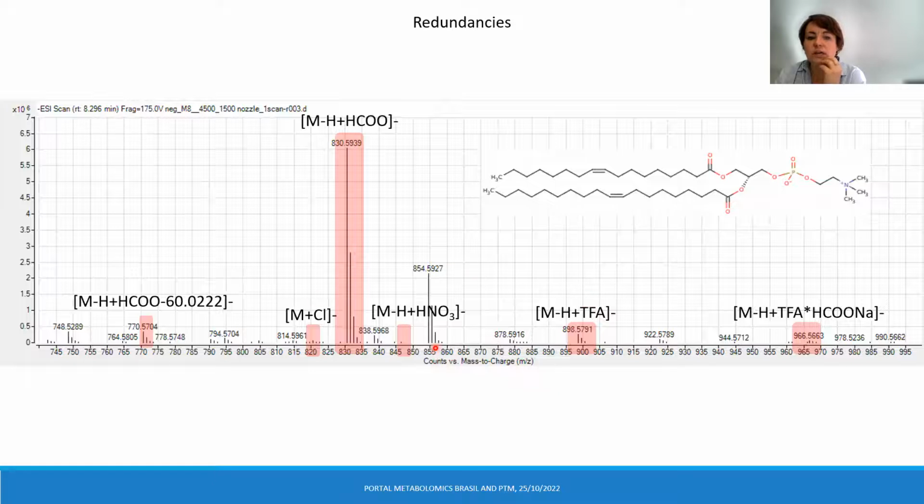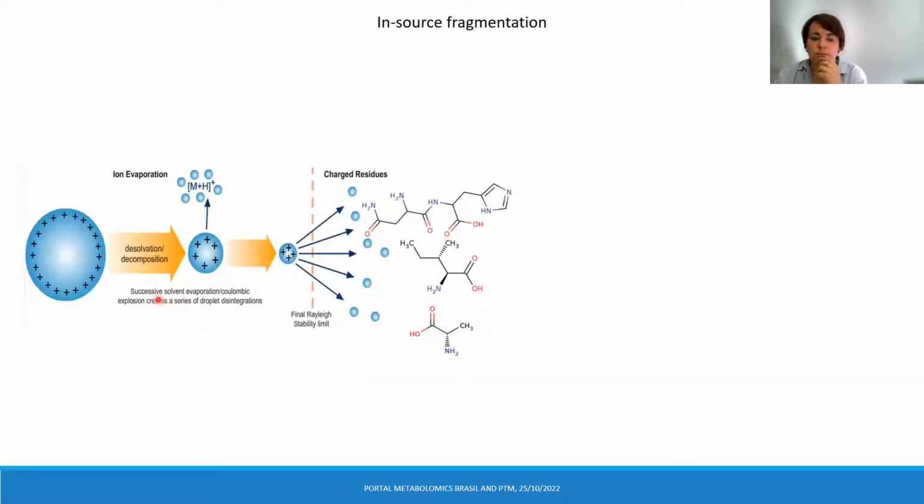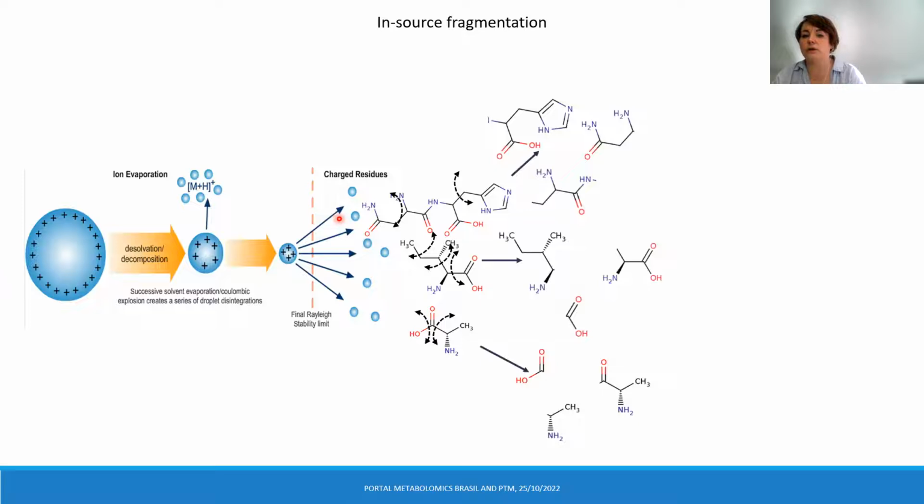But as you can see here, among the different ion forms, we also have some in-source fragmentation. And in this way, I would like to focus for a moment on this phenomenon. Although electrospray ionization is a soft ionization method, and we believe that our molecules are ionized as intact molecules, just forming some ions, the truth is that very often they undergo fragmentation in the ion source, and later what we measure in our scans, despite the whole intact molecules, we also have their fragments.